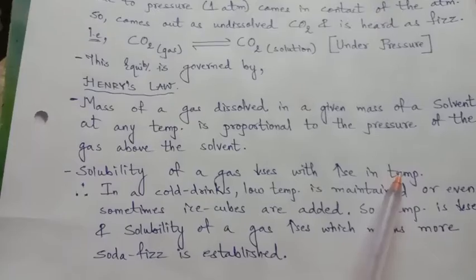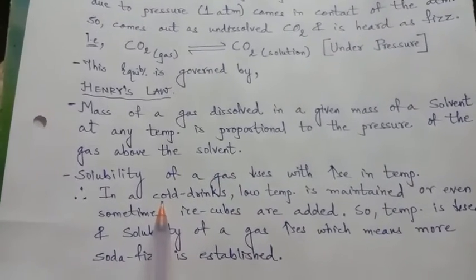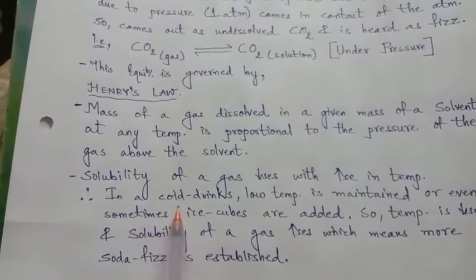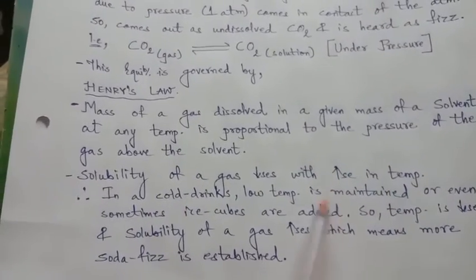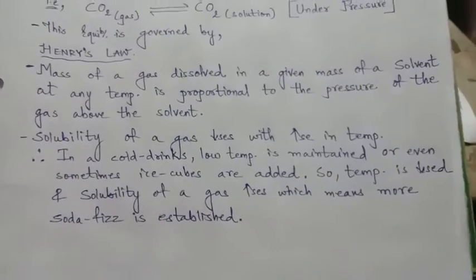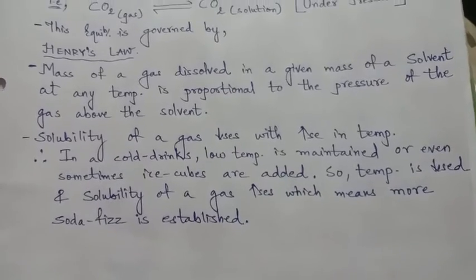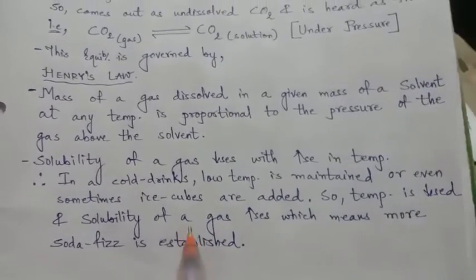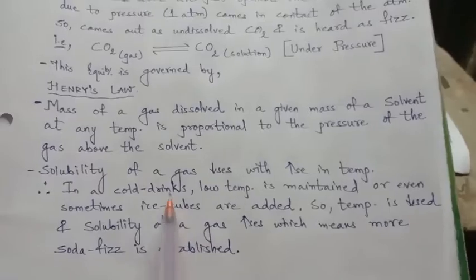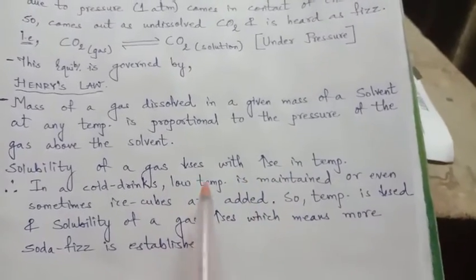With an increase in temperature, the solubility decreases. So when they are kept in the refrigerator, in a cold condition, that means a decrease in temperature and an increase in solubility. So the amount of gas dissolved in the water is more, and it will be a highly concentrated soda water. That means the amount of dissolved carbon dioxide will be more.